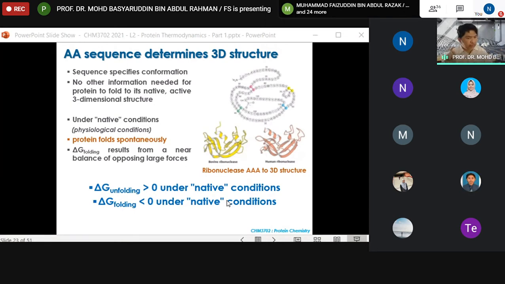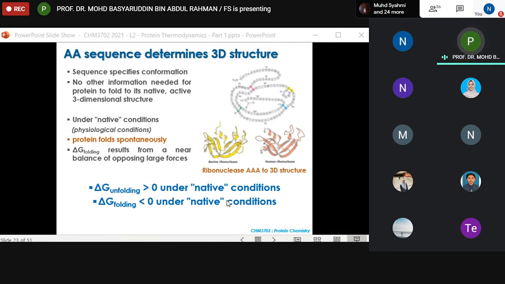However, the summation of the hydrophobic effect, hydrogen bonding, and van der Waals forces or interactions is greater in magnitude than the loss of entropy.